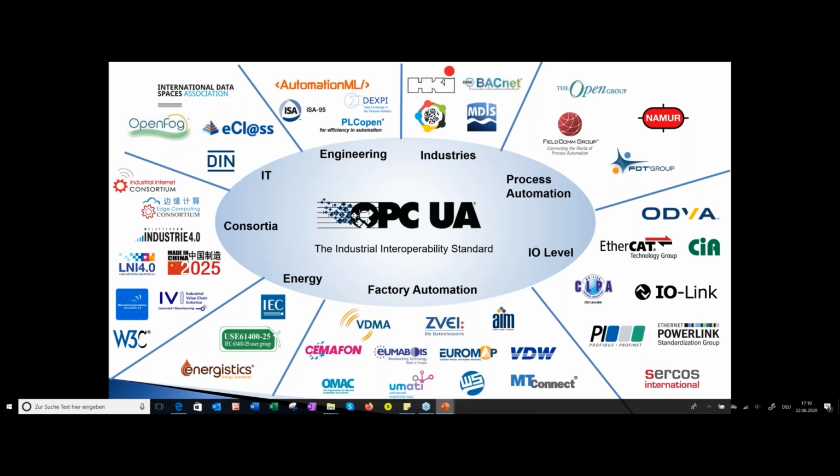So there's a long list of companion specifications, which we create with a lot of partners in the world. We have a dedicated presentation on this on Thursday, and there are multiple specifications in the area of process automation, factory automation, but also energy, oil and gas, even pharmaceutical, even industrial kitchen equipment, engineering, and multiple more.